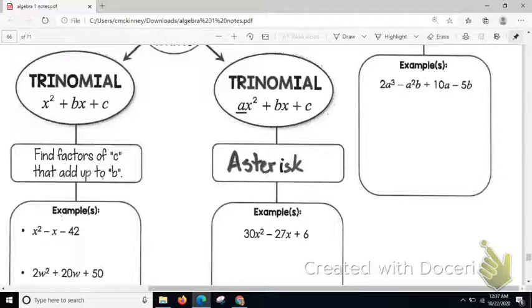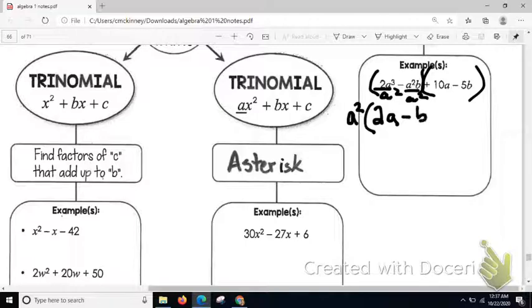But there are some terms that we can factor by splitting it up into 2 groups. Looking at the first 2, what do they have in common? A squared. So if I divide the first 2 by a squared, that gives me what's inside the parentheses, which would be 2a minus b.